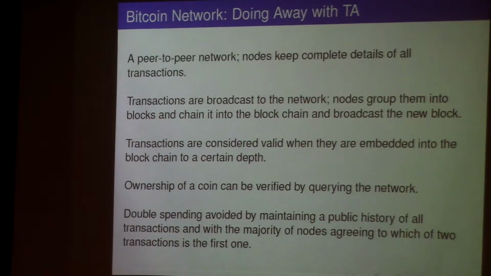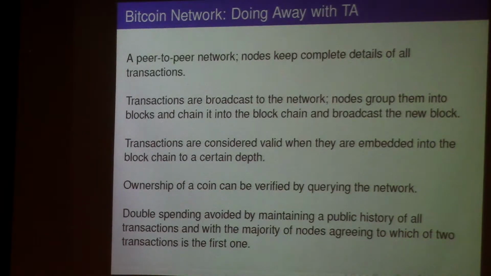Now, doing away with the trusted authority is by using a peer-to-peer network where you have nodes, and all nodes keep complete details of all transactions. Of course, there are some engineering issues of how much information you need to store and so on. So maybe you can do away with old information, but essentially nodes keep complete details of all transactions.